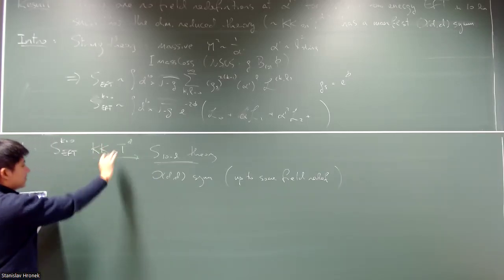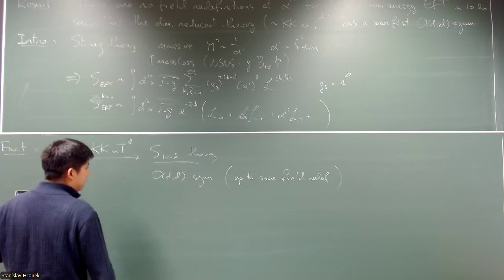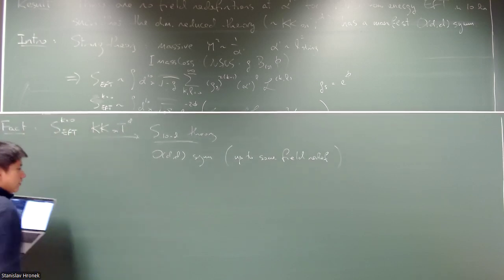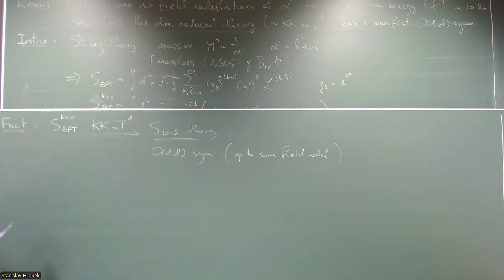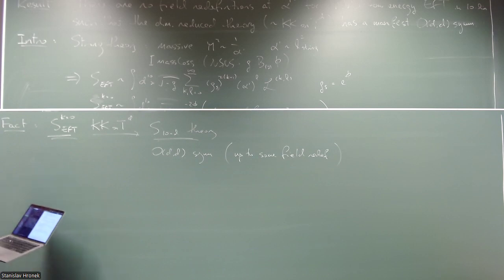But effectively, that's just the dimensional reduction on a torus. So that's the fact that we use, and we're going to see how this fact allows us to analyze this action and its properties, and how some of the terms can be fixed by using this fact.